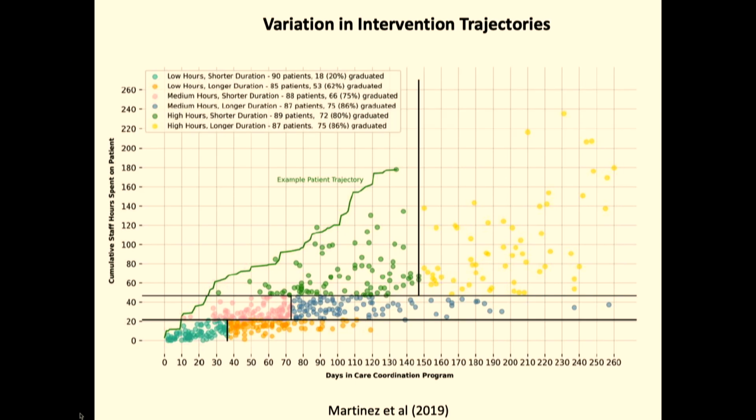This is a kind of ad hoc clustering where we divided these 2D points into 6 equal-sized clusters and saw what the graduation rates were. The main conclusion here is there's tremendous variation in the dosage. Some people need 20 hours, some people need about 180 hours.